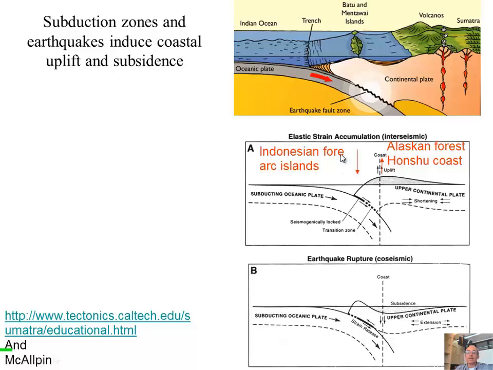So interseismically, in general, the forearc goes down because these islands are really so far out towards the trench. And then the Honshu coast and Alaskan forests rise interseismically, but they subside coseismically, and the forearc rises. So this is the basic model.